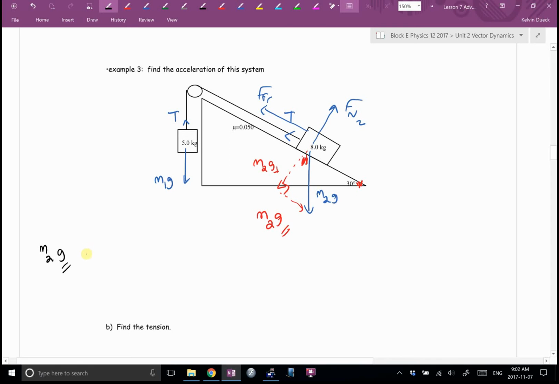It looks like I have a minus tension and a minus friction. And then a plus tension and a minus M1G. That's going to equal... Am I right? Did I miss something? Oh. You were looking befuddled at me and I thought I'd missed something. And it's going to be M all A. Tangents cancel.